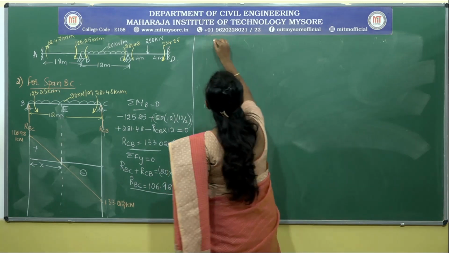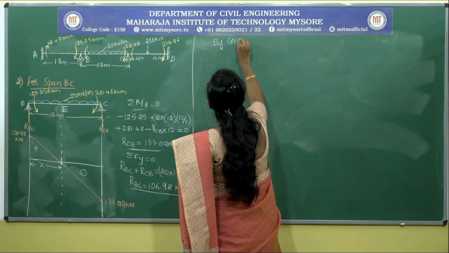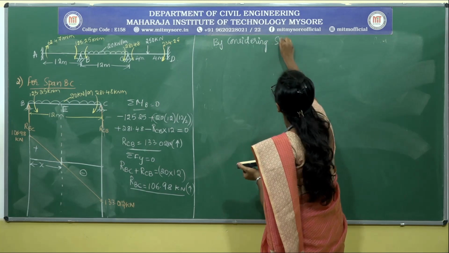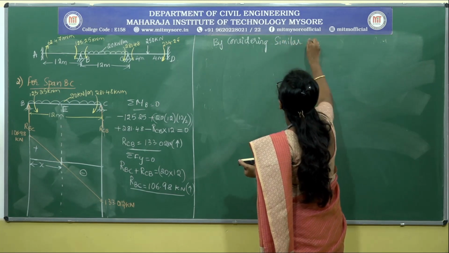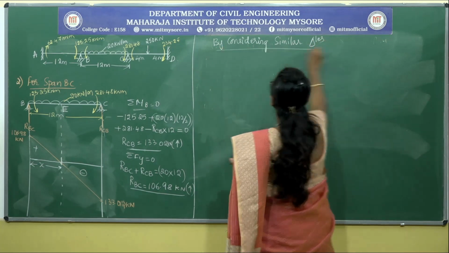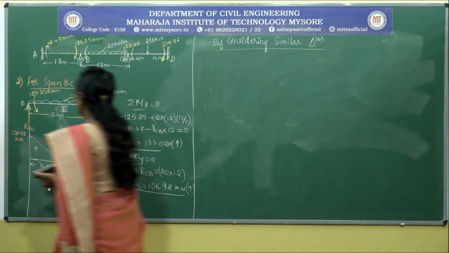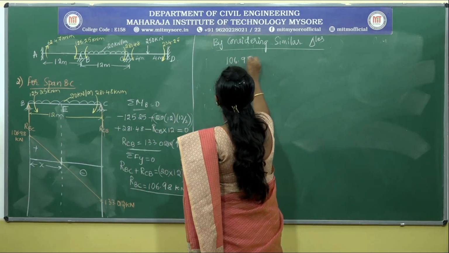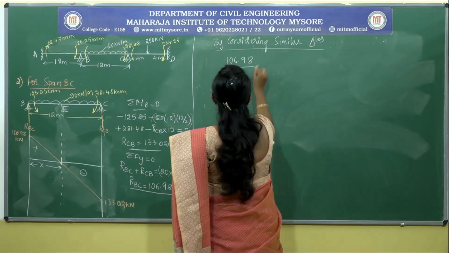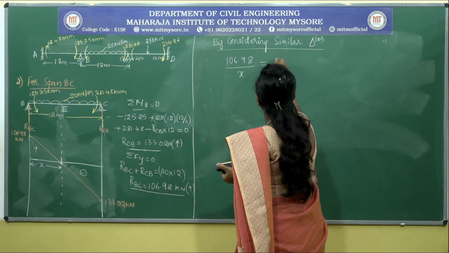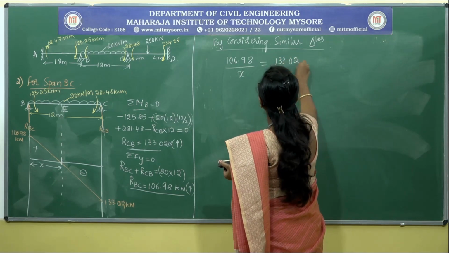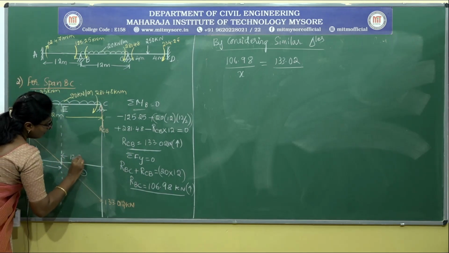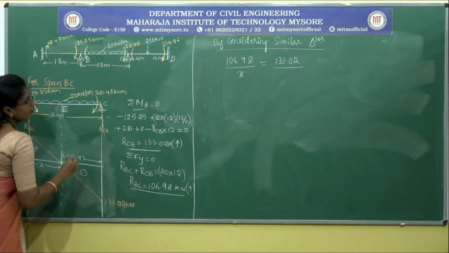So, the load acting here is 106.98 divided by 6, which is equal to 133.02 divided by, so this distance will be 12 minus x.